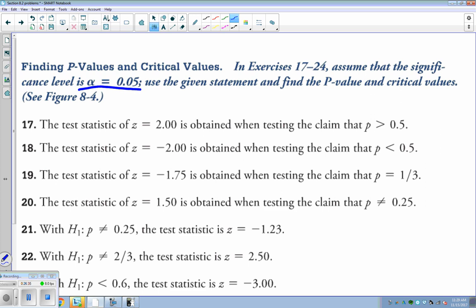First, being that my claim is that p is greater than 0.5, what's my null hypothesis? p is equal to 0.5, and my alternative is p is greater than 0.5.